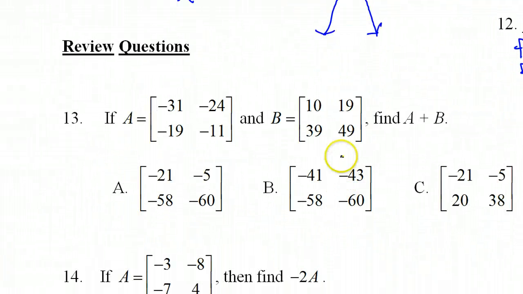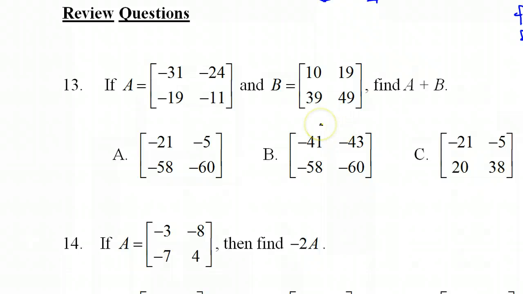Alright, on with the review questions. Find a plus b. Well, a plus b, we're just going to add these. Negative, maybe I'll just do this off to the side. Negative 31 plus 10 is negative 21.